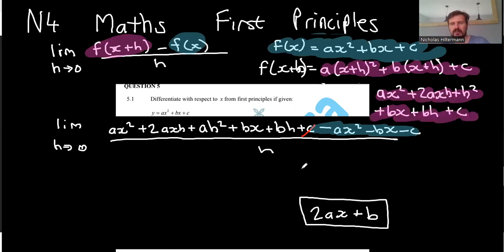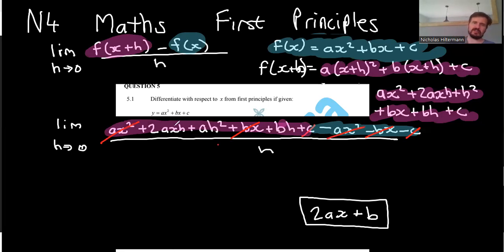Nice. Now look and see with the red that I can cancel. I can cancel the c's. I can cancel the bx's. I can cancel the ax squared.